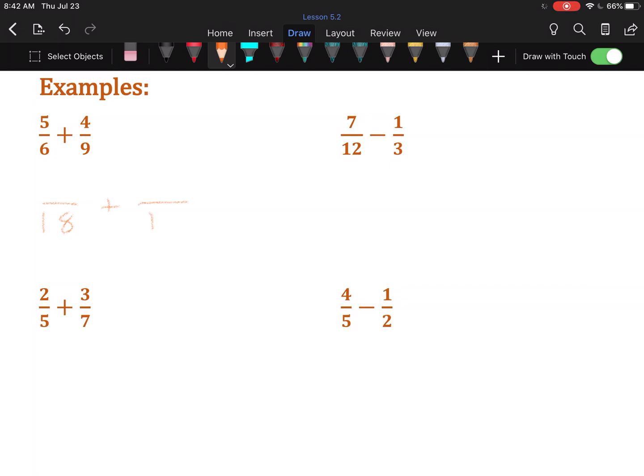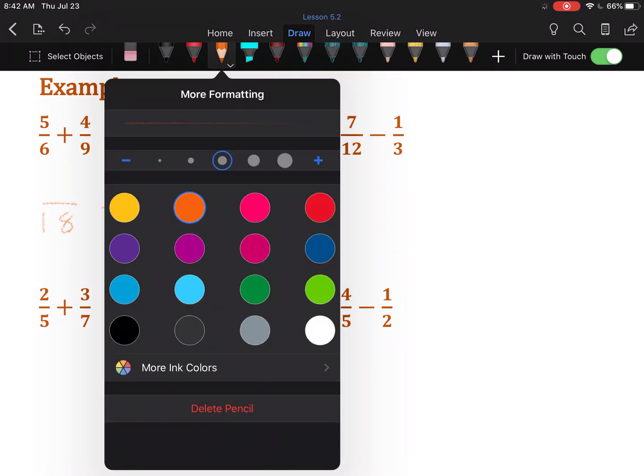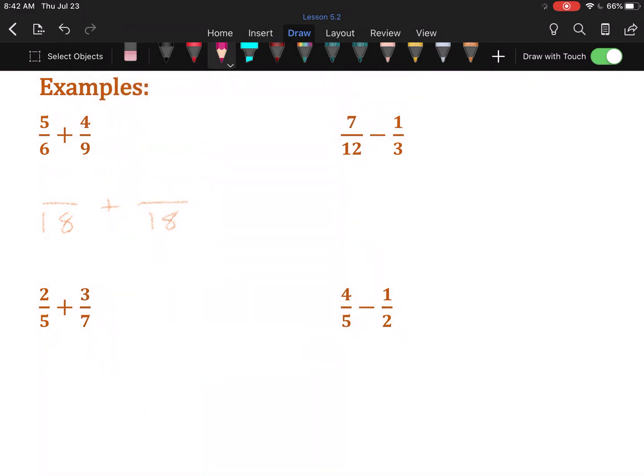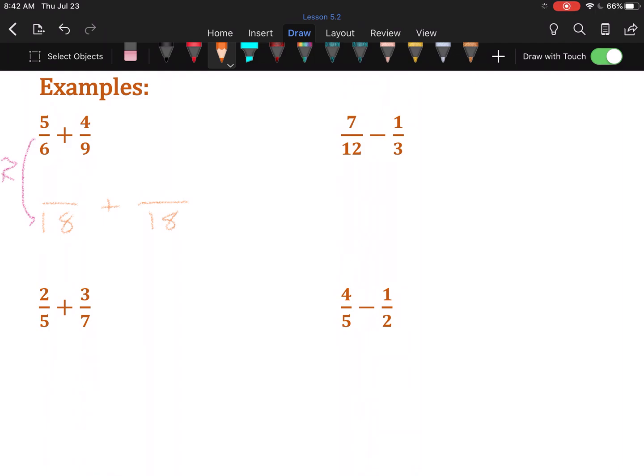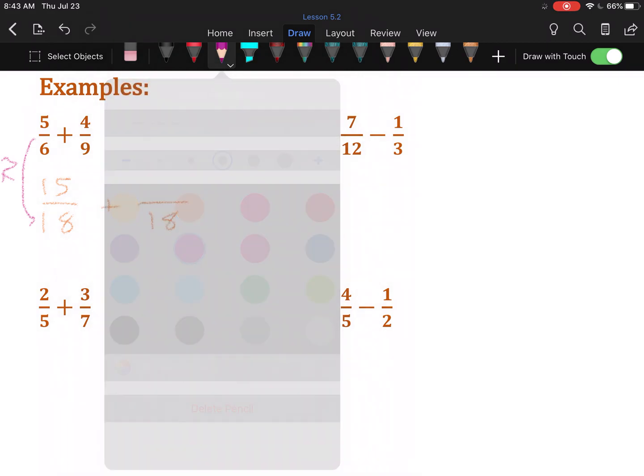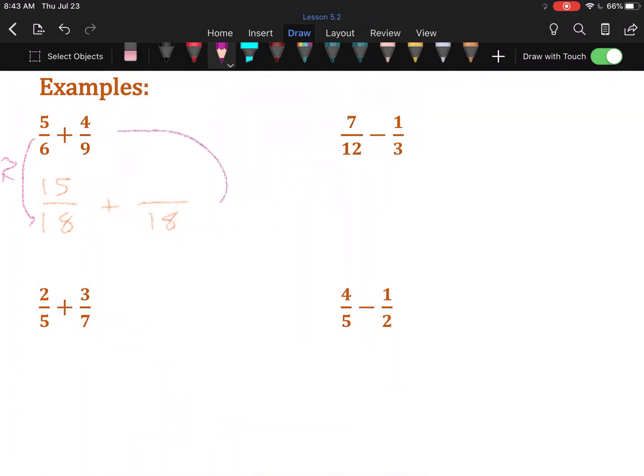So we're going to change both of these fractions to say that they're going to be over 18. Now our first fraction. How does 6 become 18? Multiplication by 3. So we do the same thing to the 5 on top. 5 times 3 is 15. 15 over 18 and 5 over 6 are the exact same thing, just different forms.